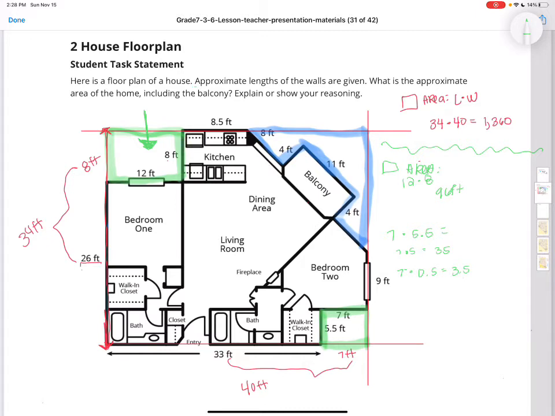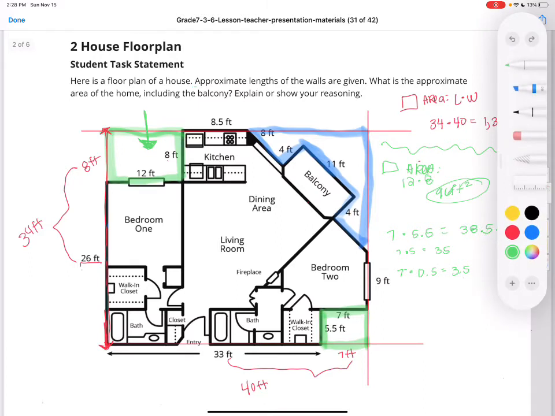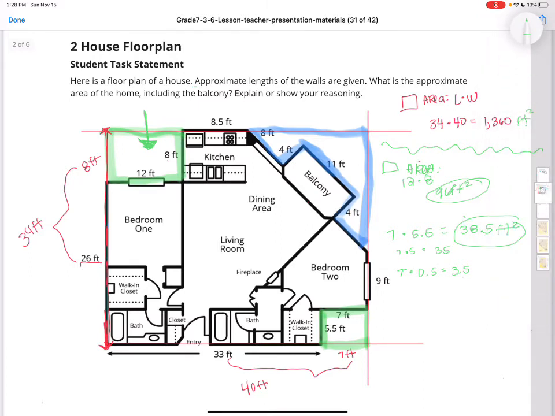You add those two results and you get 38 and a half. That's just tying in that warm up. So it'll be feet squared, and I totally forgot to put feet squared right here as well. Make sure I circle these answers.